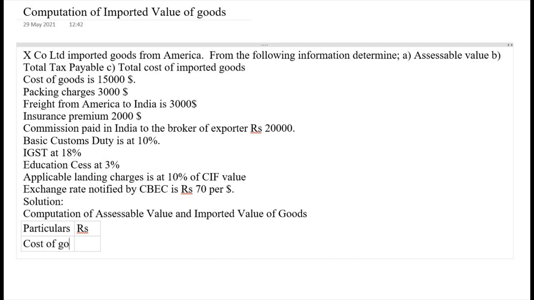Cost of goods is in dollars, so we should convert it into rupees. $15,000 multiplied by rupees 70 equals 10,50,000.